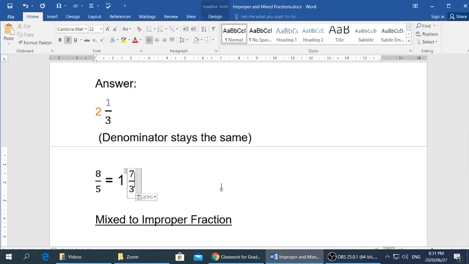And how much is left over? Let's think. Well, if we only count to 5, 8 minus 5 means there is 3 left over. And our denominator stays the same, a fifth. Okay, so again, how many times did 5 fit into 8? Once with 3 left over. Let's try another one.